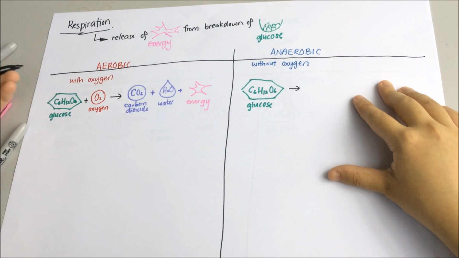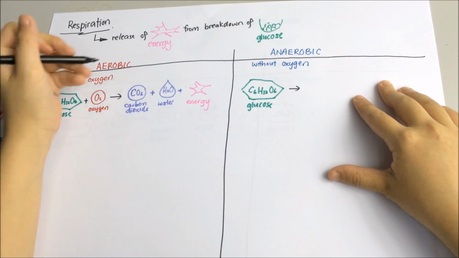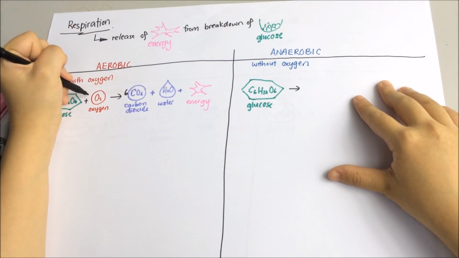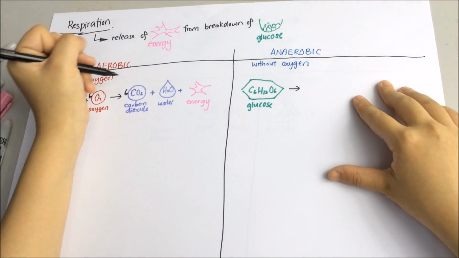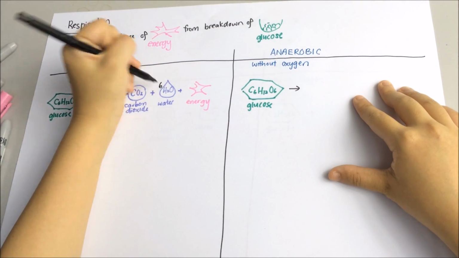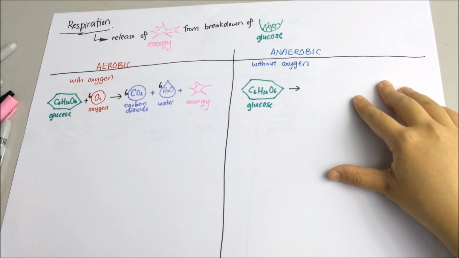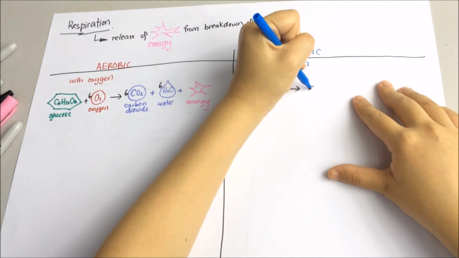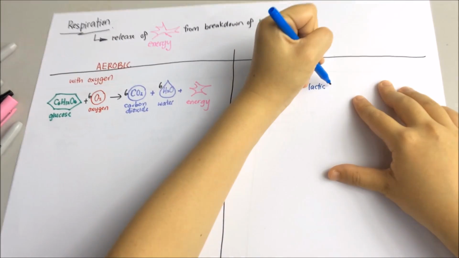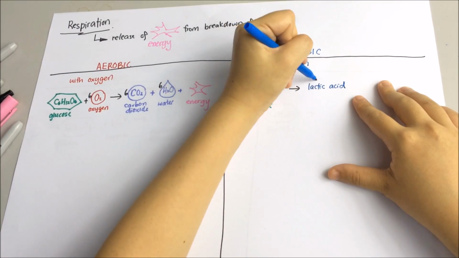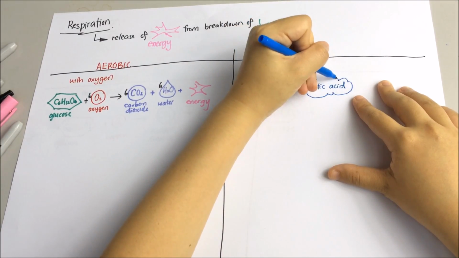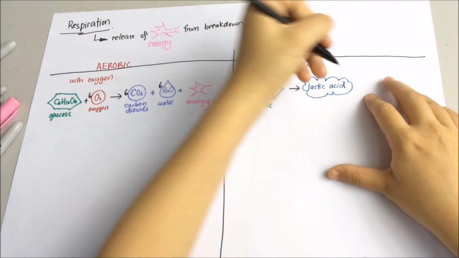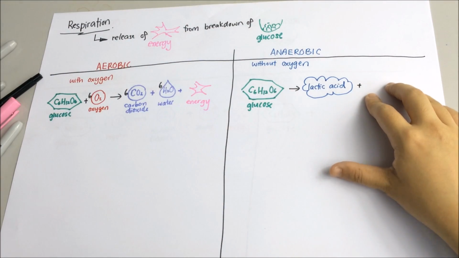Alright? So if you balance the chemical equation, there will be 6 molecules of carbon dioxide, oxygen, and water. Okay, as for anaerobic respiration, the byproduct is lactic acid and energy.